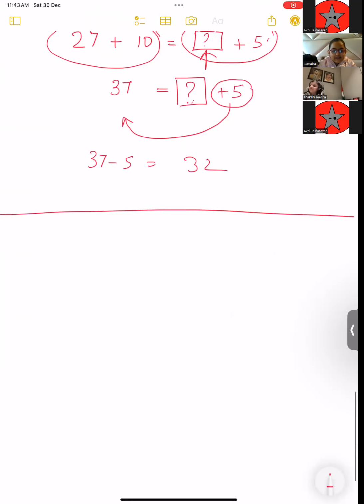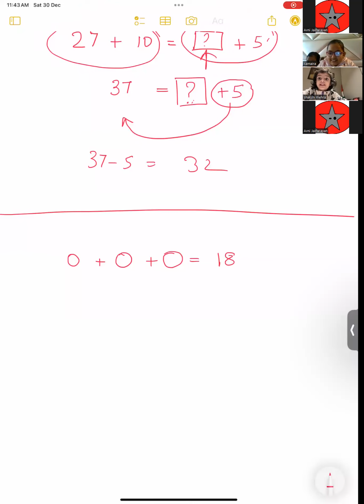Now there's another algebra concept that I want to ask everybody. I will be choosing the circles right now. Can you tell me the value of one circle? 6. I want everybody to answer.